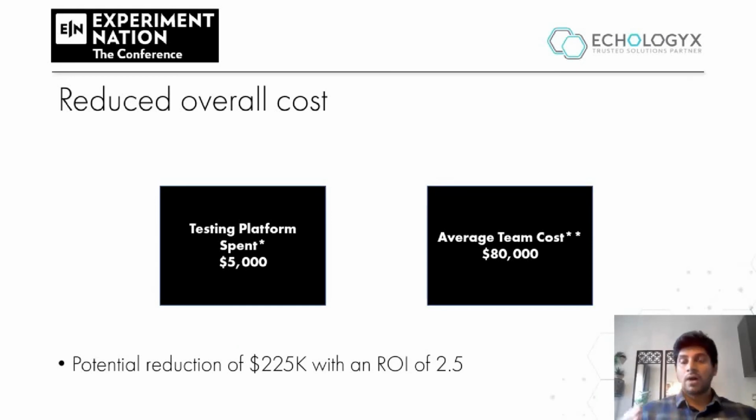And also outsourcing a full-time engineer, the way we cost it is slightly different, and potentially it can reduce the overall cost for the whole experimentation program by over 200K.